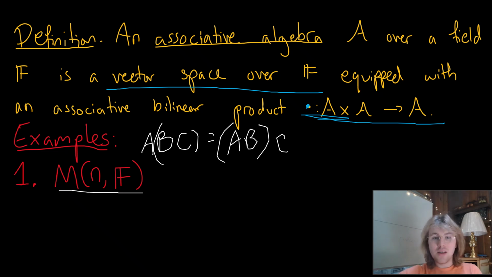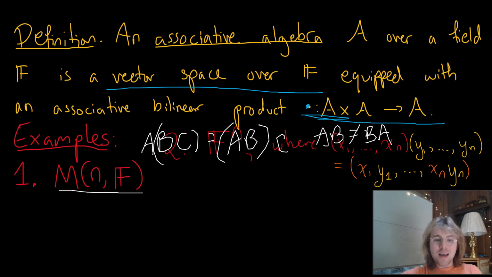That's associativity. But it's not commutative, right? In general, AB is not equal to BA. But it is associative, so M_n(F) is an associative algebra.